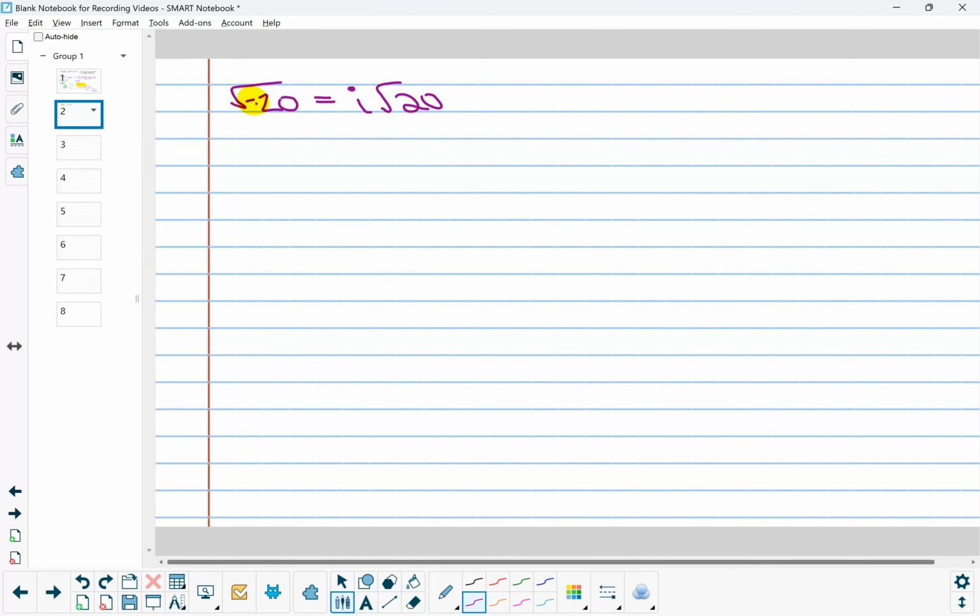So that negative becomes that i. And now you take the 20 and you break it down like you always have. So you're going to go rad 4, rad 5. Well, the 4 is a 2. This 2 will go in front of that i. So now this is 2i radical 5. And that's what that answer would be.